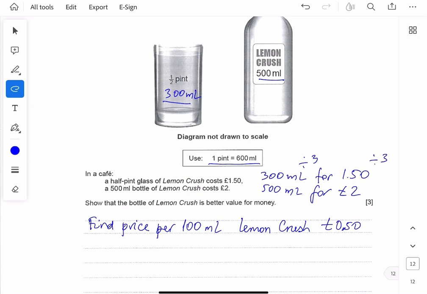So a half pint glass will cost 50p per 100 mils. And if you get the bottle, you will divide 500 mils by 5, and £2 by 5.